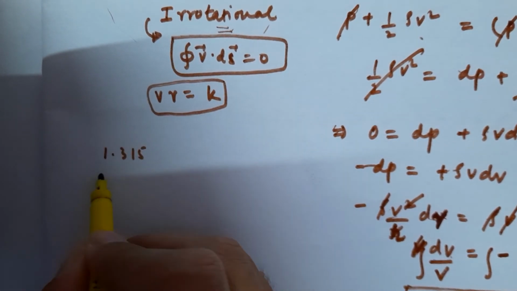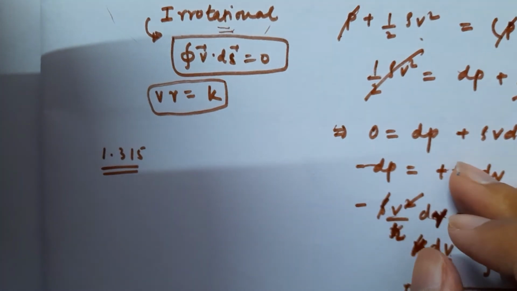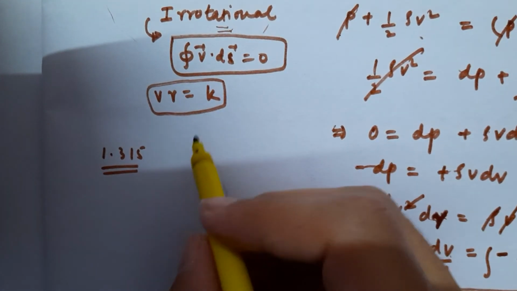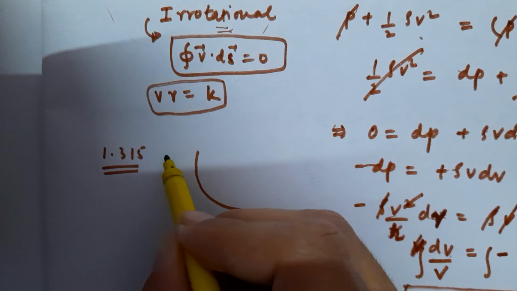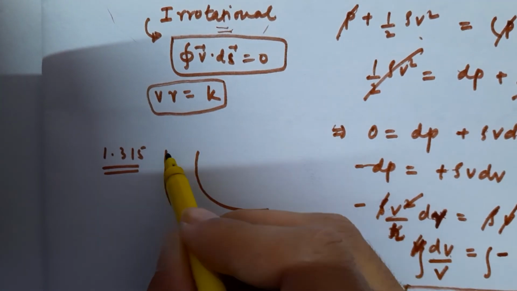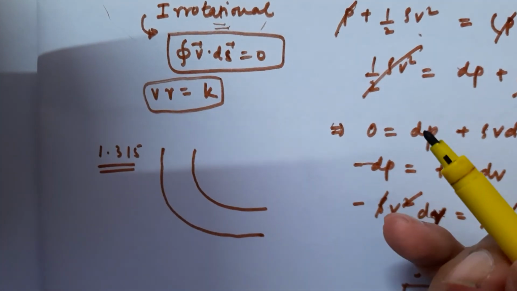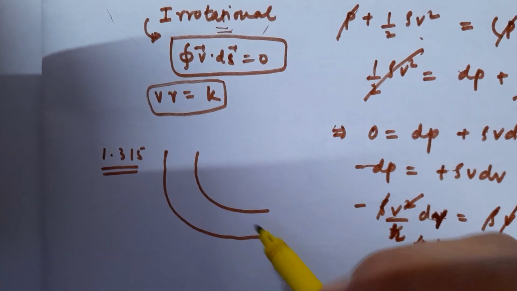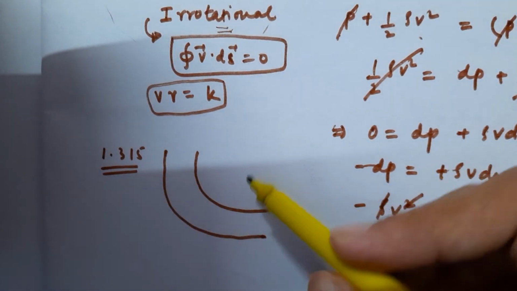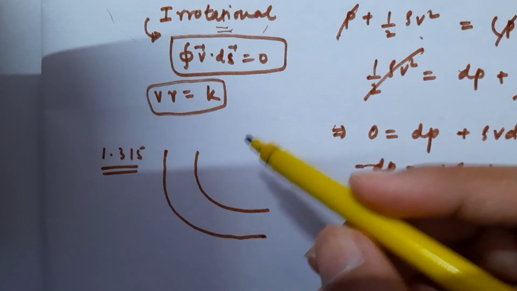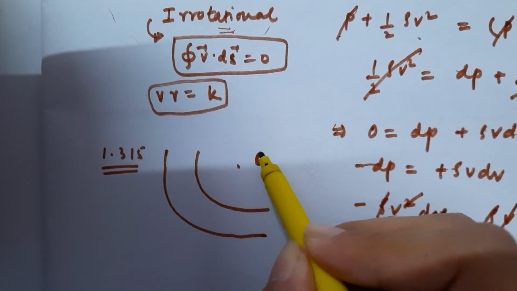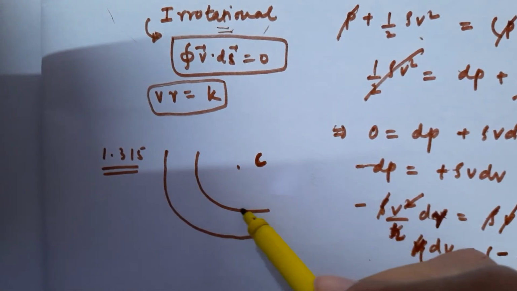Like in problem 1.315 of Irodov, we had the same problem. We had a tube shaped like this. You can see the problem, and I have written the problem in the description also. We have this, and we have a fluid. This is the center of curvature C here, and we have a fluid flowing in this tube.